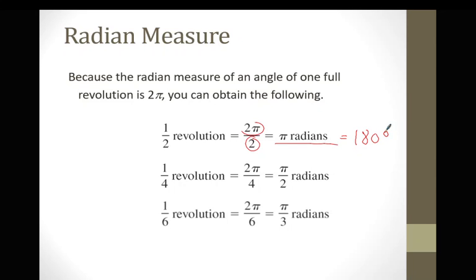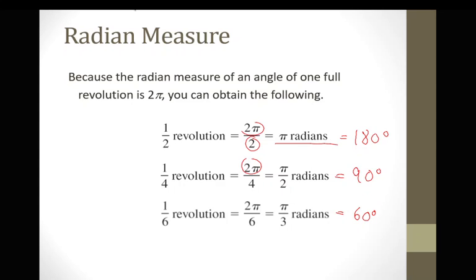A quarter of a revolution around the circle is 2 pi divided by 4, which is pi over 2, which is 90 degrees. A sixth of a revolution is 2 pi over 6, or pi over 3, which is the same thing as 60 degrees. These common angles are going to be seen over and over again.